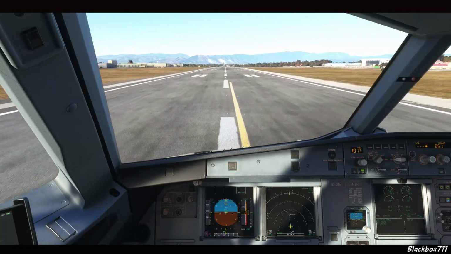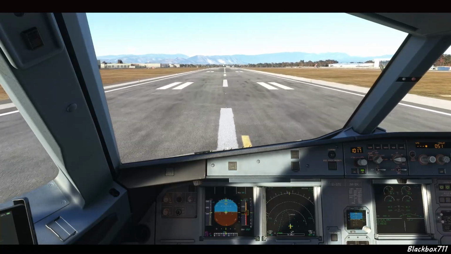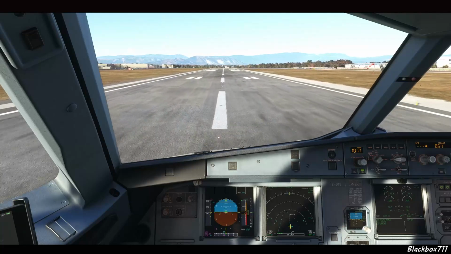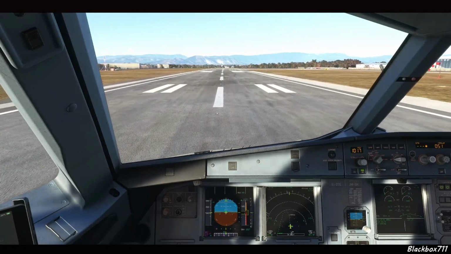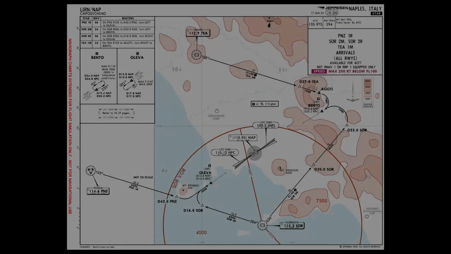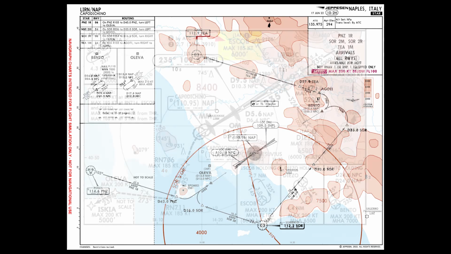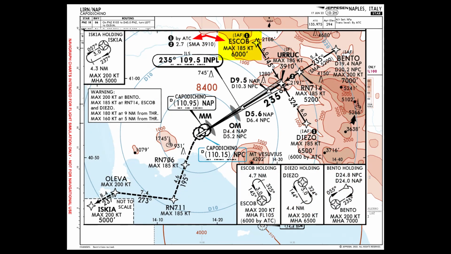Before we have a final look at the taxi procedures here in Naples, let me point out one interesting thing about the approach to runway 24. And that is, if you're on VATSIM, for example, flying towards Naples, you may ask the controller if you can approach via Teano, so the Teano 1 micro arrival, and then during the approach ask for a direct to the waypoint SCOP.